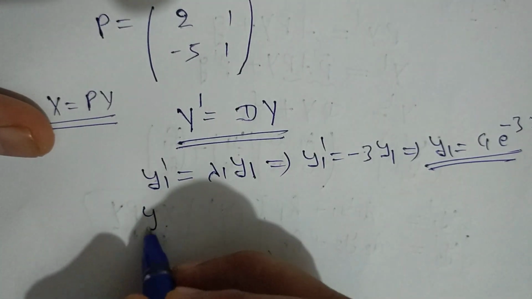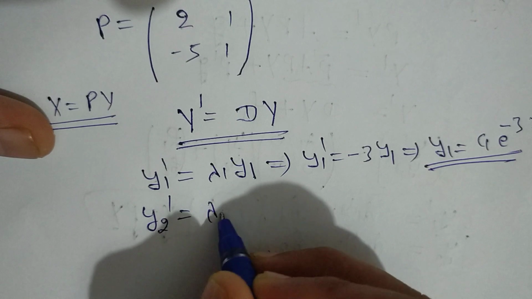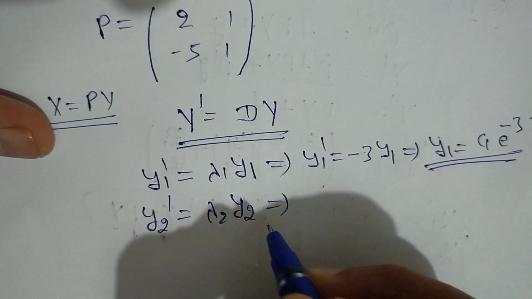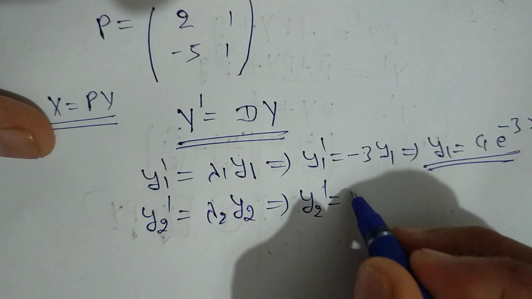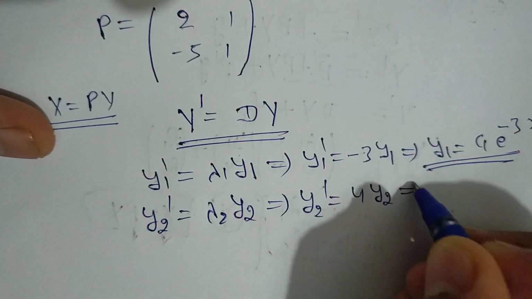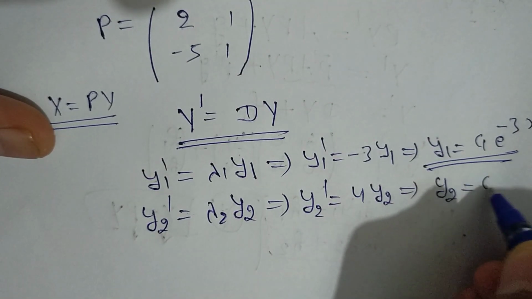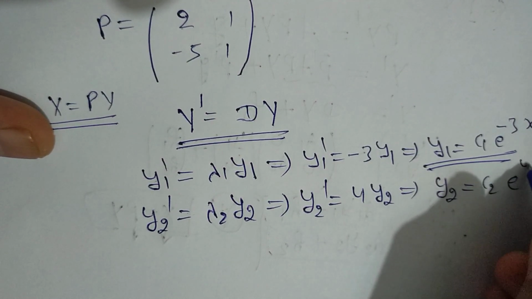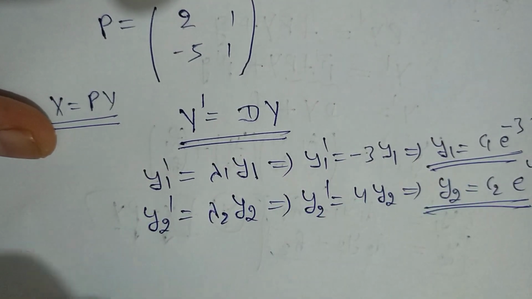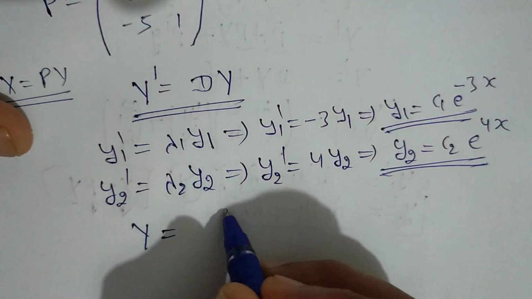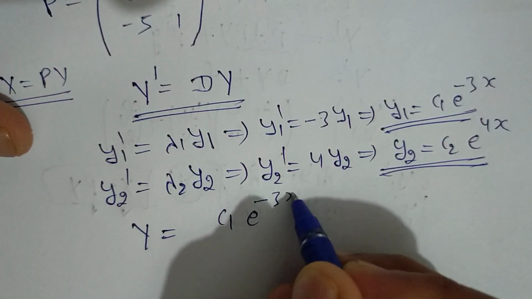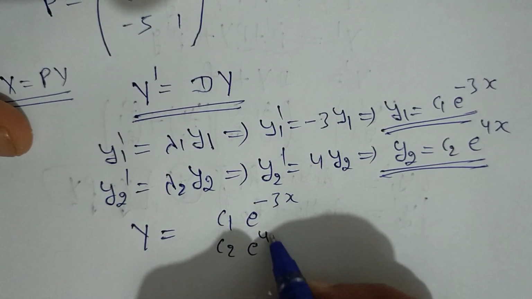Similarly, we solve y2 dash equal to lambda 2 y2, where lambda 2 equal to 4. So y2 dash equal to 4 y2, which implies y2 equal to c2 e power 4x. So we have got the Y vector: c1 e power -3x, c2 e power 4x.